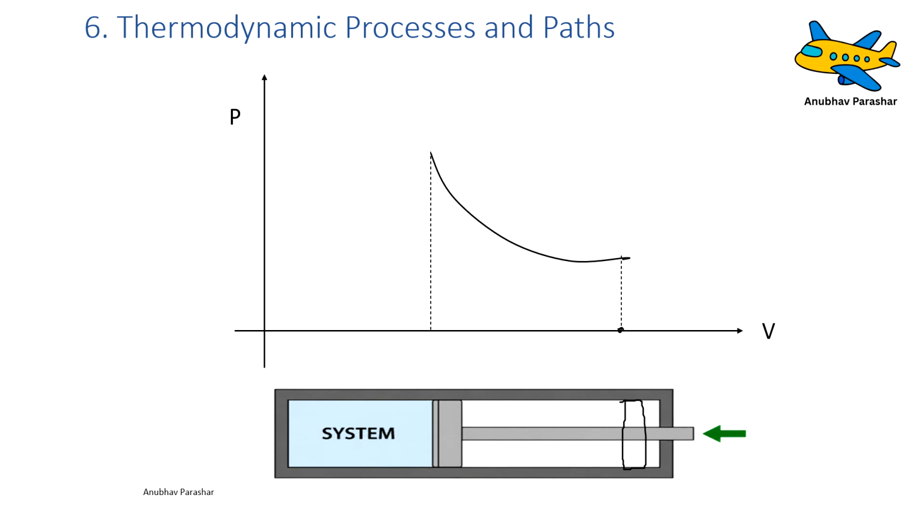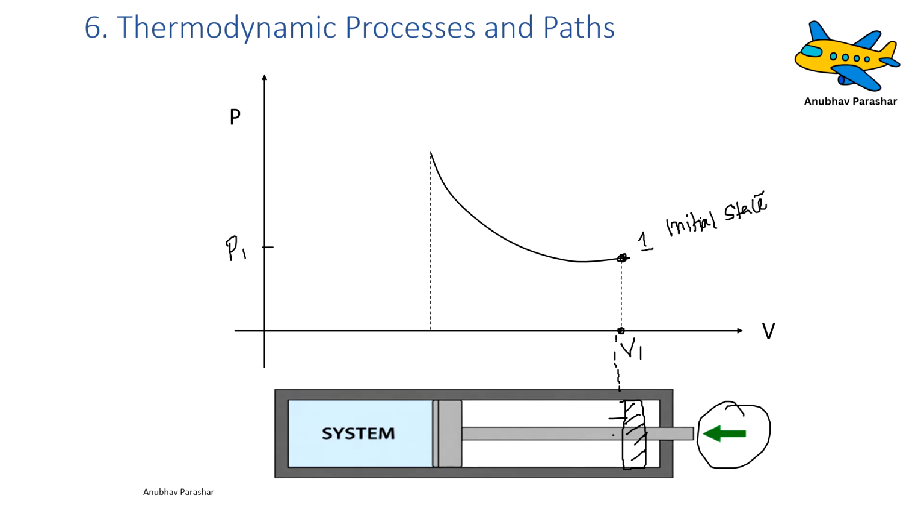Let me say this is state 1, which is nothing else but the initial state. So initially the piston was here. The volume of the system was V1 and the pressure of the system at this point of time, let me say P1.